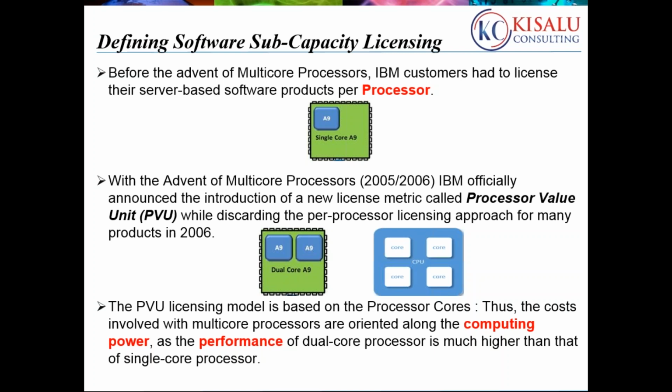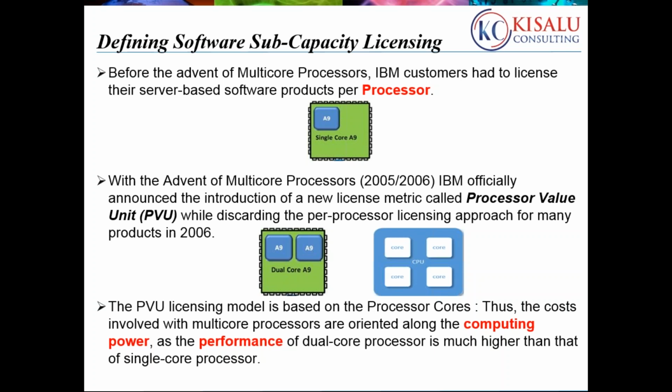So the PVU licensing model is based on processor cores. It's not based on just one server or the chip that you have. The costs for multi-cores were now based on the computing power that the software was using, based on the performance of the cores that you were running the software on.